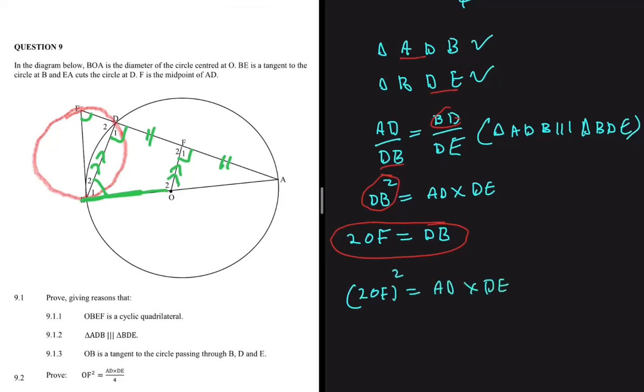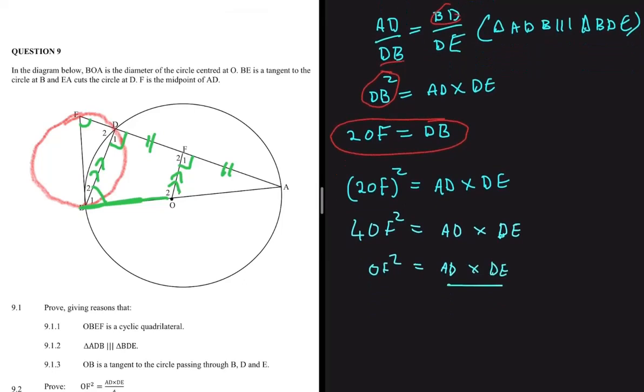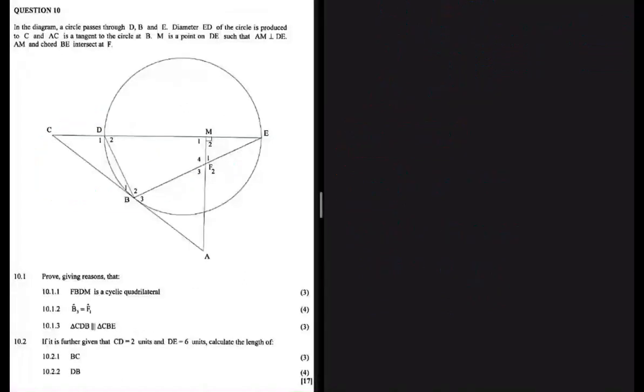So it should be easy to see now that we're going to get 4OF squared is equal to AD multiplied by DE. So now we divide both sides by 4, right? If we do that, we get OF squared is equal to AD multiplied by DE, and then everything divided by 4.